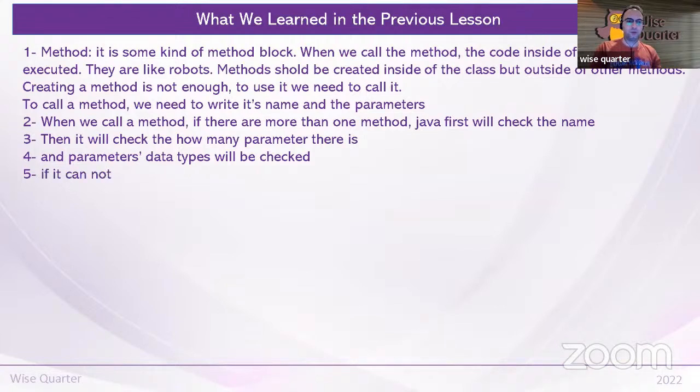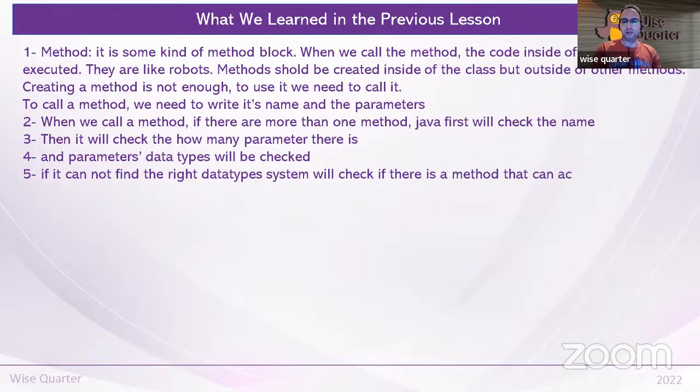If it cannot find the right parameters, data types, the system will check if there is a method that can accept these parameters. For example, we send an integer, but we have a method which can accept double. Without doing anything, Java can cast an integer to double, and it will accept it because of that.